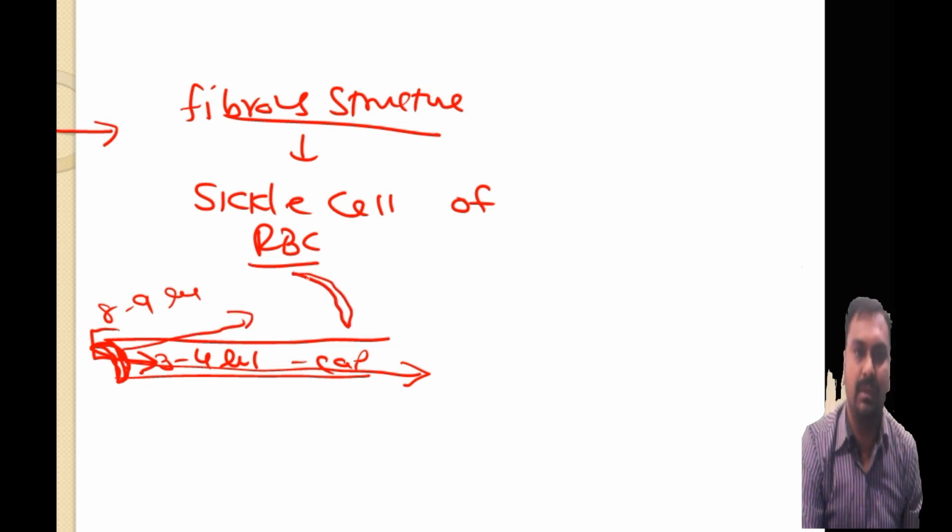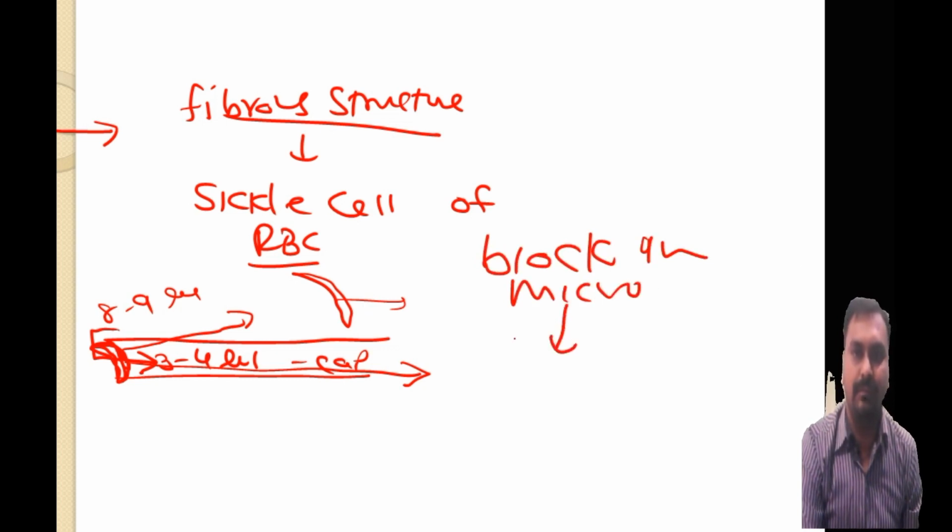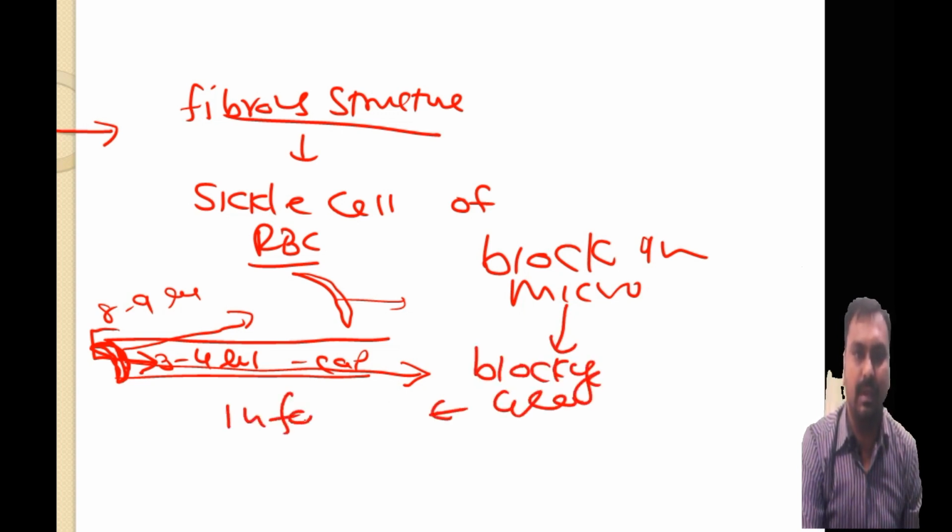Because of the sickle shape, they will stick in the microvasculature and produce a block. With time, there is a blockage of the artery. It will lead to infarct, and that will lead to pain.